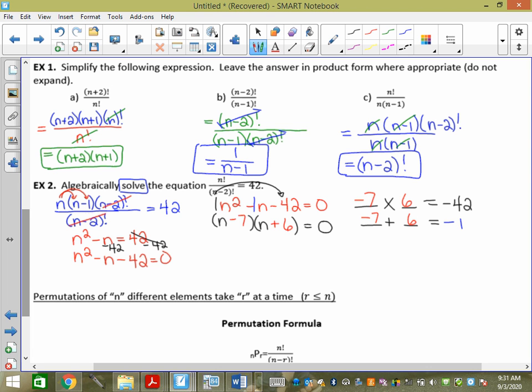So we go n minus 7 equals 0, n plus 6 equals 0, add 7, n equals 7, subtract 6, n equals negative 6. So I boxed them.